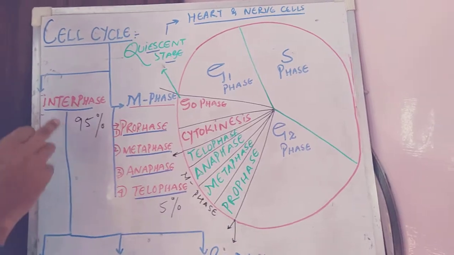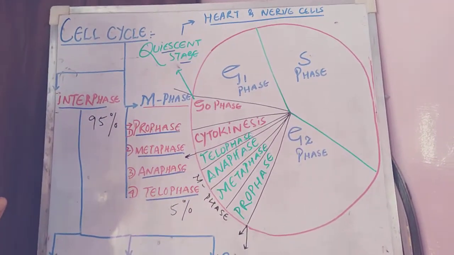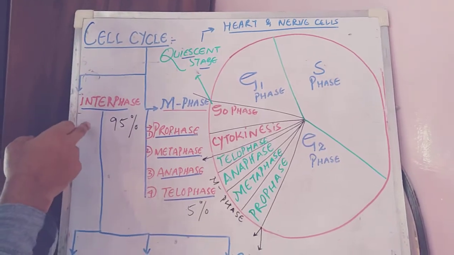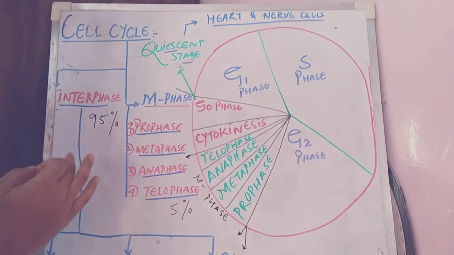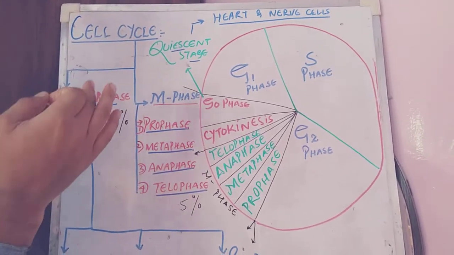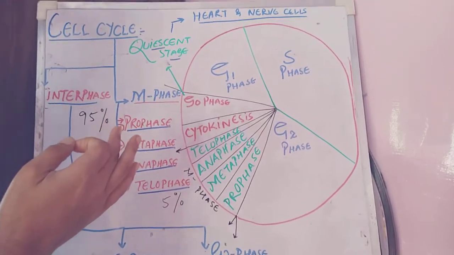In this interphase, the cell prepares for the division, whereas in M phase the actual division occurs. Earlier this interphase was called as the resting phase. Now we understand that in interphase the cell basically prepares for the division, that's why we nowadays call it as the preparatory stage.